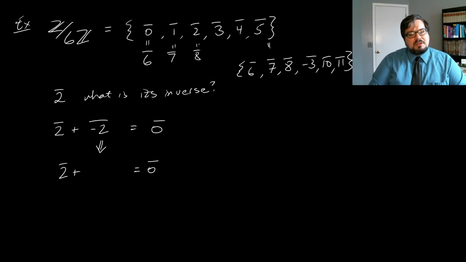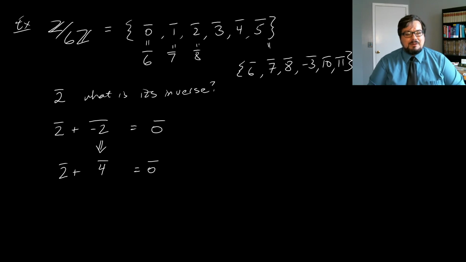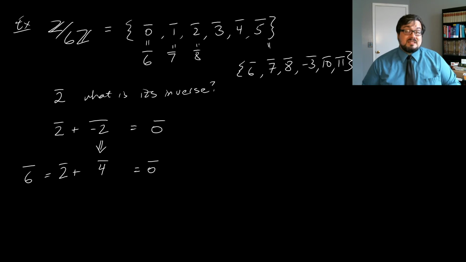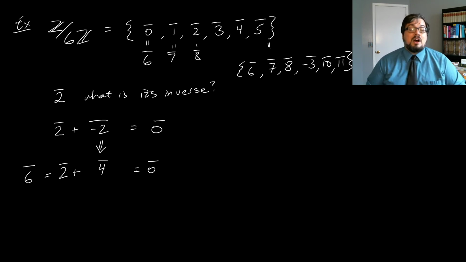And so the equivalence class of negative 2 is also the same as the equivalence class of 4. So in fact, we get that the equivalence class of 2 and the equivalence class of 4 are inverses of each other, because if we add the two together, we get the equivalence class of 0. Now, why is that the equivalence class of 0? Well, because it's the equivalence class of 6, and 6 is congruent to 0 mod 6.